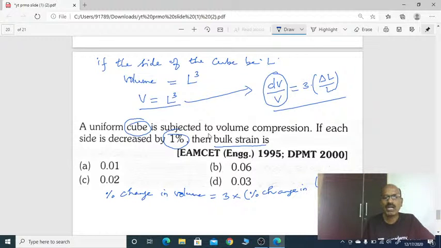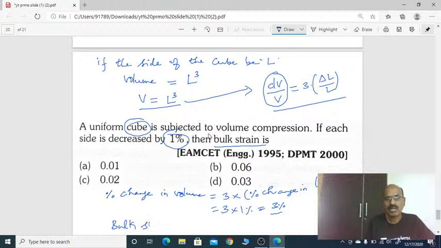Question: if each side is decreased by 1%, then what is the bulk strain? So change in volume equals 3 into each side length decreased by 1%. So 3 into 1%, 3%. This is the change in volume. Now what is the bulk strain?